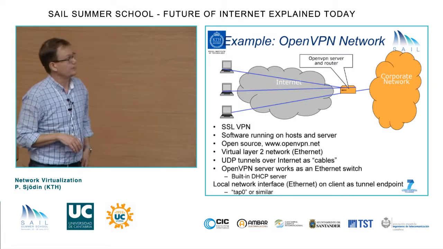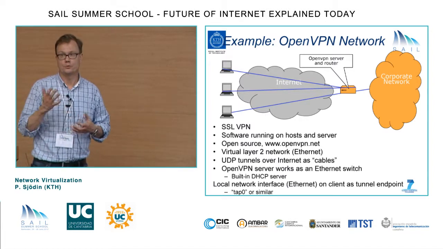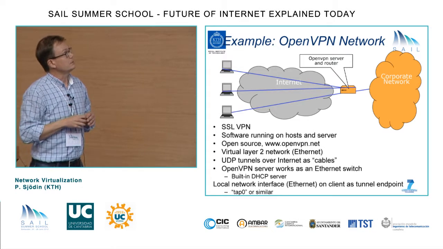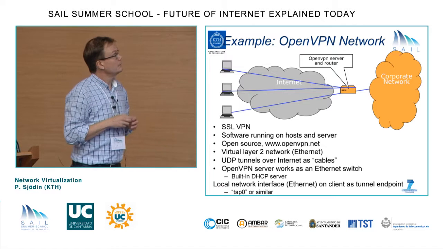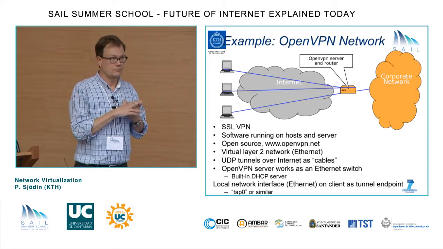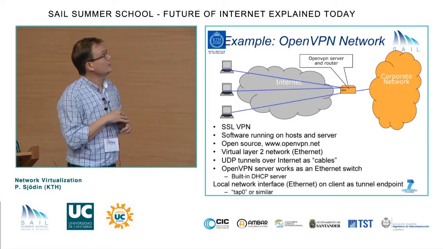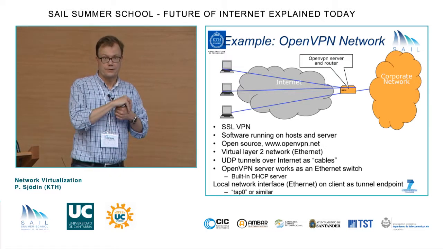I guess maybe some of you have been running OpenVPN. OpenVPN is an open source VPN solution that you can just download and install and run on your computer. And what it will do is that it will create a virtual interface inside your computer. And that virtual interface then represents the virtual network.